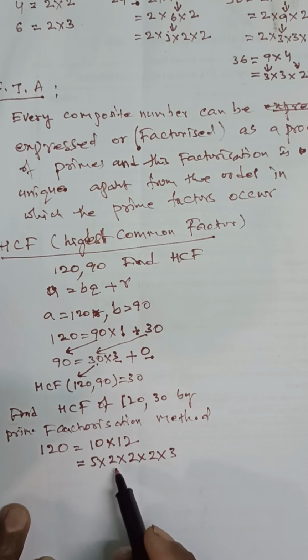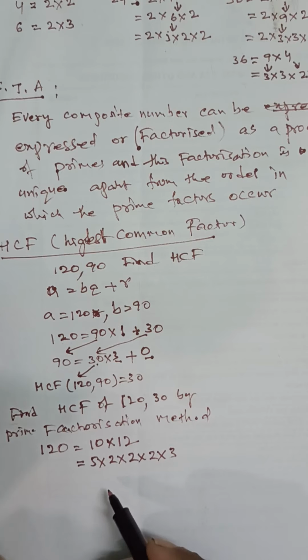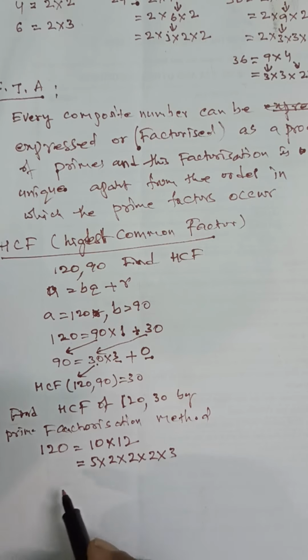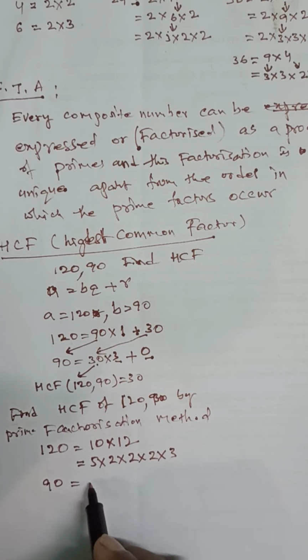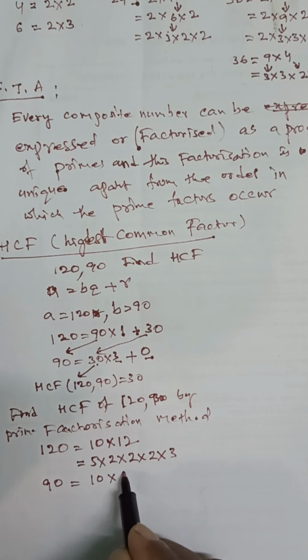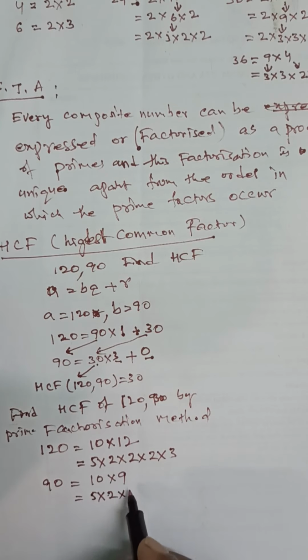Observe here 5, 2, 2, 2, 3 are the prime numbers. So 120 is written like this. And next, 90 we can write as 10 into 9. This 10 can be written as a product of primes, 5 into 2, and 9 as 3 into 3.